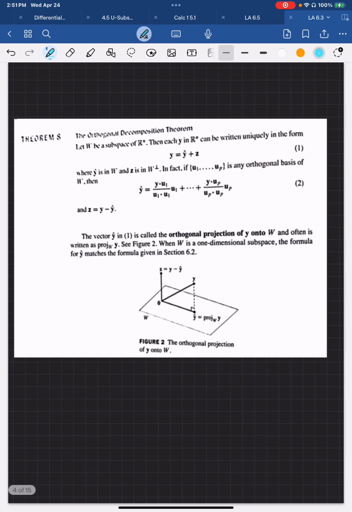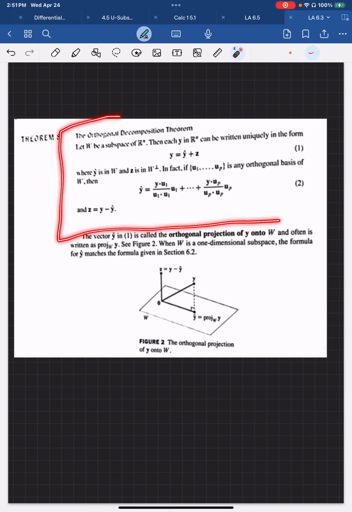So let me, my apologies that this picture is slightly distorted. Of course, it is from your textbook. But no worries, you're welcome to take a screenshot of this.